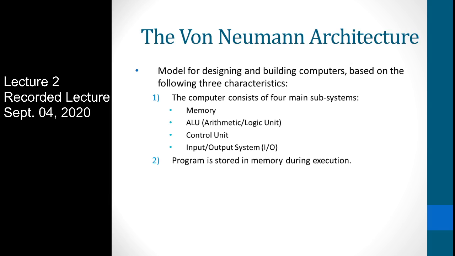It's time consuming kasi i-reload mo na naman yung instructions sa computer para makapag-execute na naman yung computer ng panibagong instruction. On the other hand, sa von Neumann architecture, sabi dito, naka-stored na yung program. Ibig sabihin, if the program is already stored in memory, you can reuse it over and over again. Kasi naka-store na siya doon. The instruction is there. Ang kailangan mo lang is kunin yung instruction na yon and i-perform yung task. Okay?